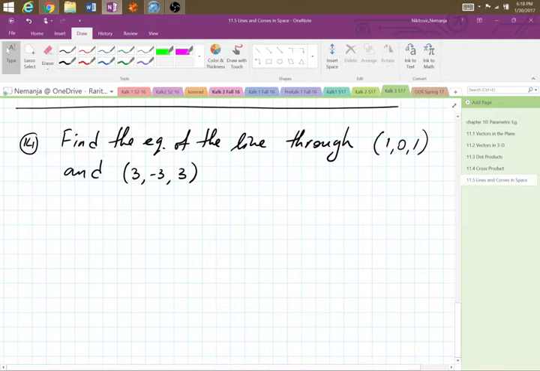So you have two points in space, and they want to know what is the line that goes through them. You have three different forms of the line you can use, and since they did not request a particular one, anything is fine.